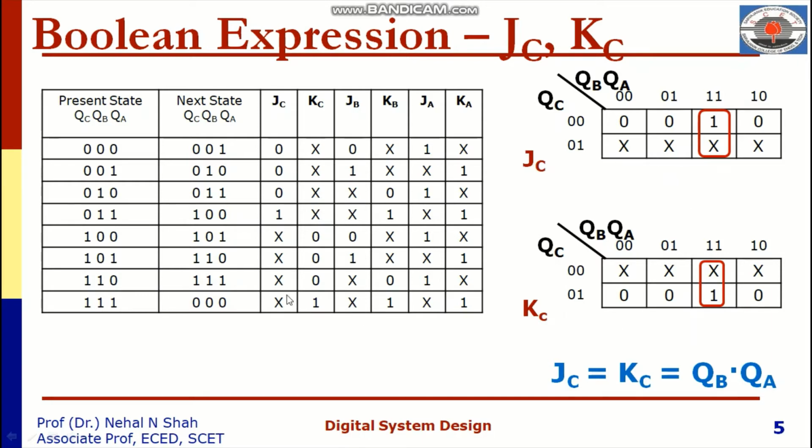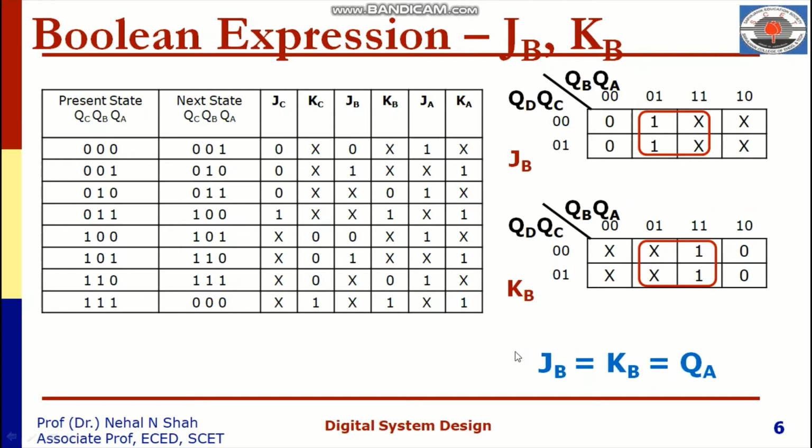Based on the values of JC, we have mentioned all these values in the K-map, and we are able to identify that JC should be QB and QA. We can also observe KC is the same as JC and its Boolean expression is QB, QA.